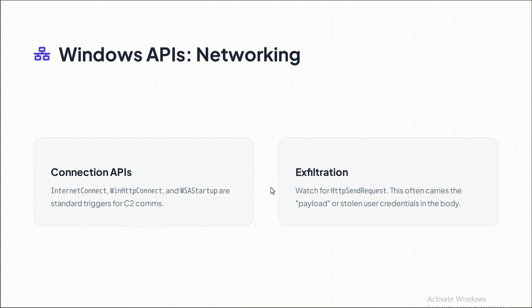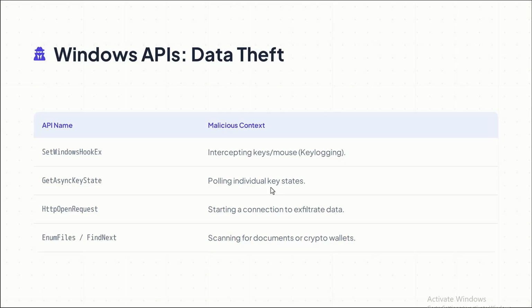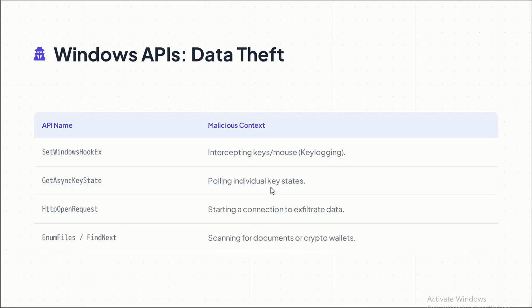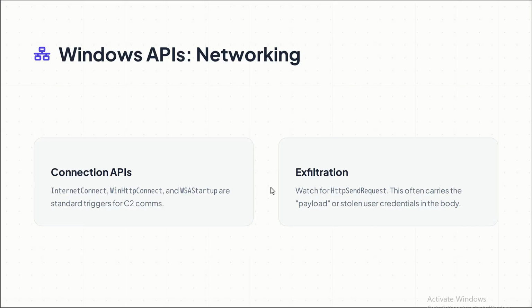And for exfiltration, you can watch for HttpSendRequest. Okay, that often carries the payload or stolen user credentials in the body. Well, when you notice HttpOpenRequest, it is standard for connection to exfiltrate data, but when you notice the send request, it means the data has been sent or is in the process of being sent to the C2 channel.